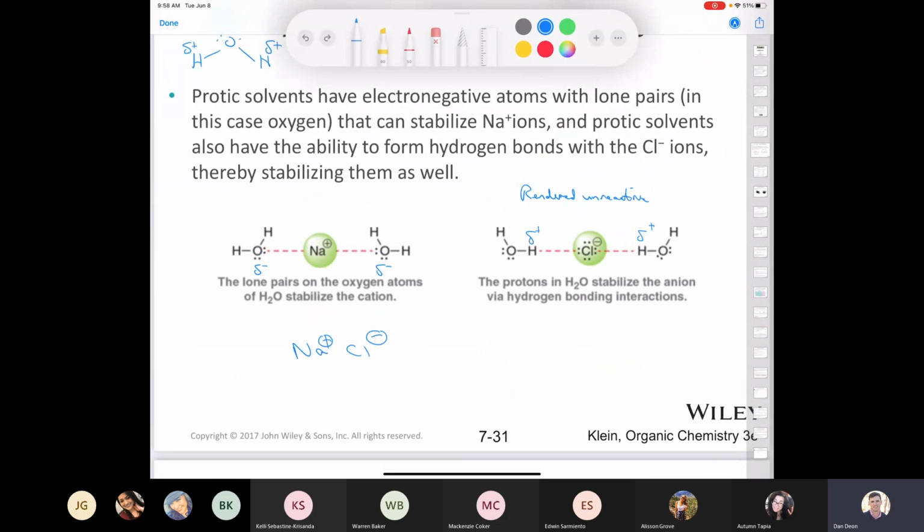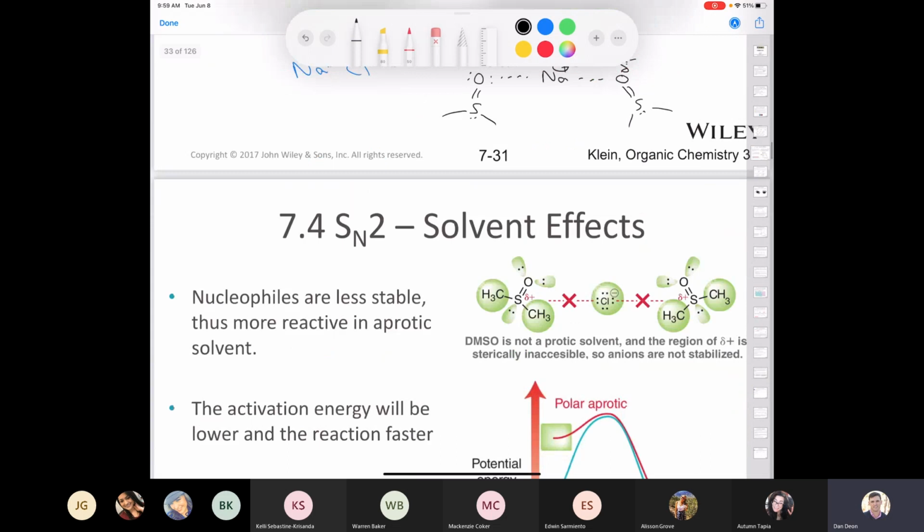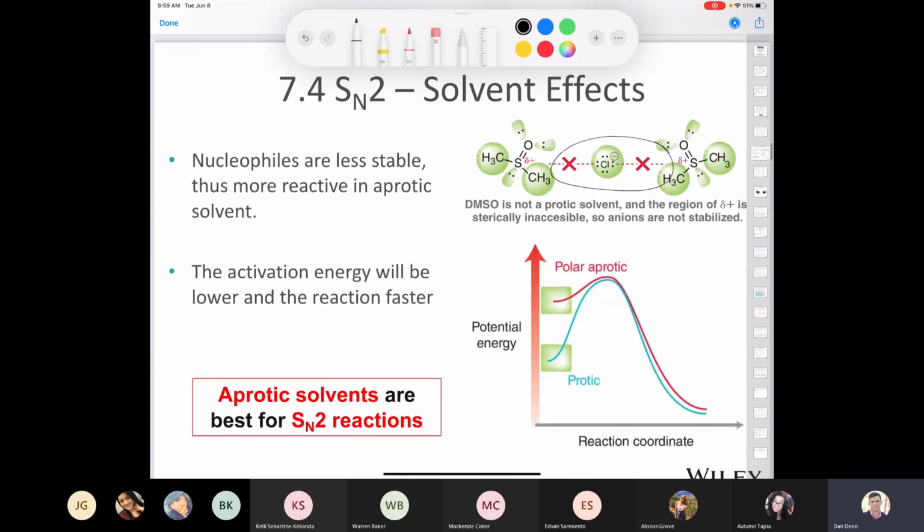I didn't plan on doing this, but if you were to draw the DMSO molecule like this, you have the delta minus up here. That can stabilize the positive charge on the sodium.